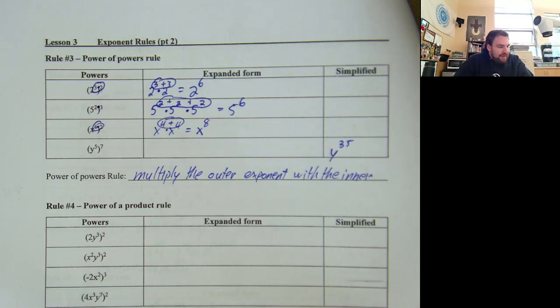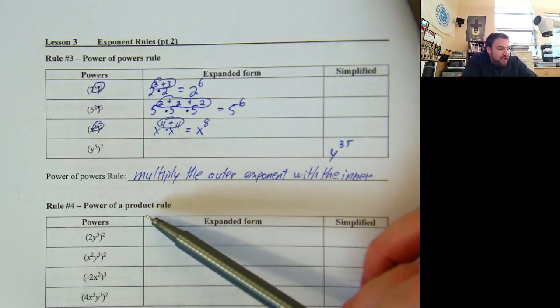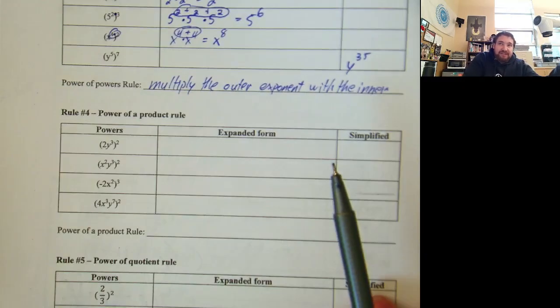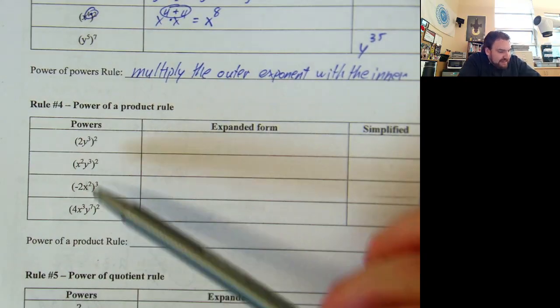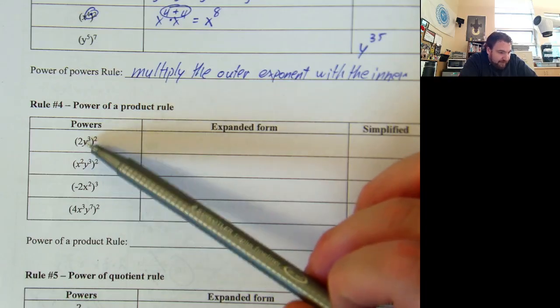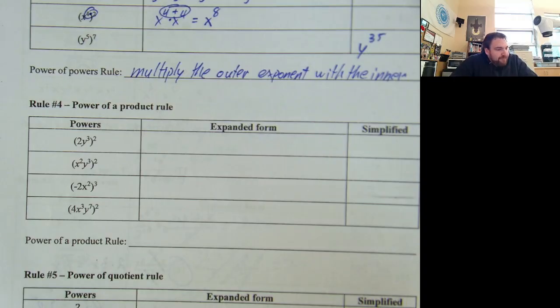Okay, now I had power of powers. Now I've got power of a product. So now instead of just having one thing inside the brackets, I have multiple things inside the brackets. And those things inside the brackets are being multiplied together. So I've got a power of a product. What's it mean to square something?